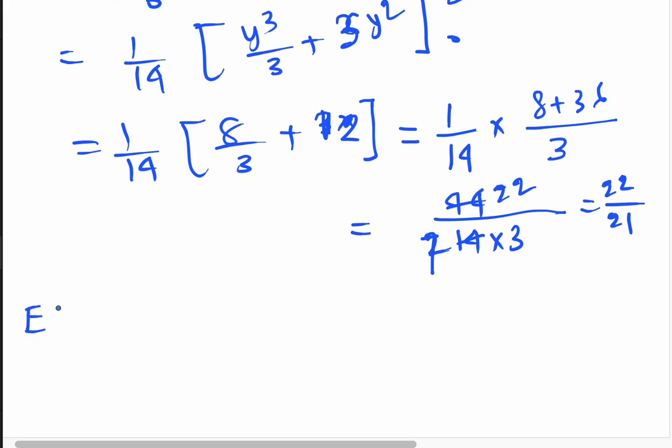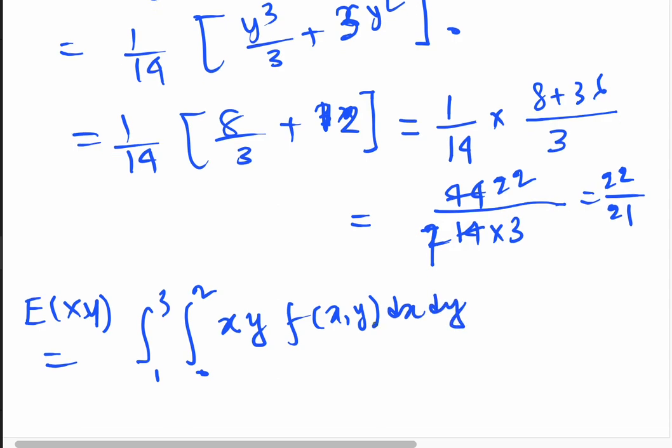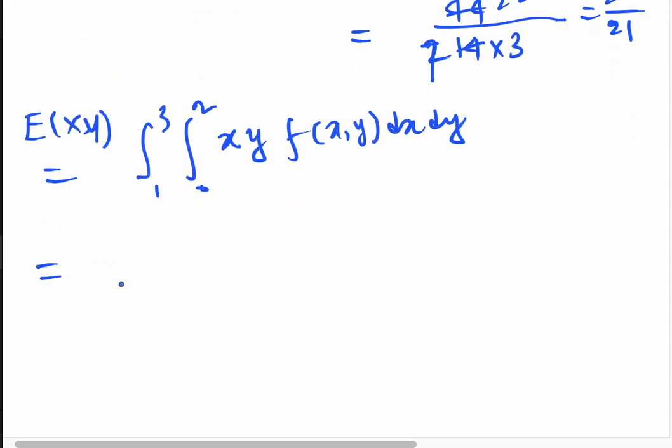Okay, now let's calculate the expectation of xy, x into y. So that will be 1 to 3, 0 to 2, x, y, f x comma y, dx dy. So 1, 3, 0 to 2, x, y.